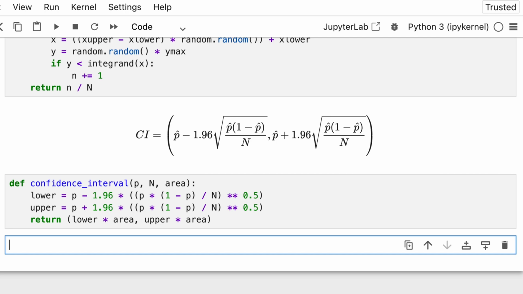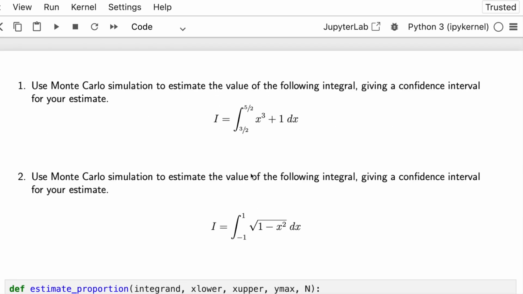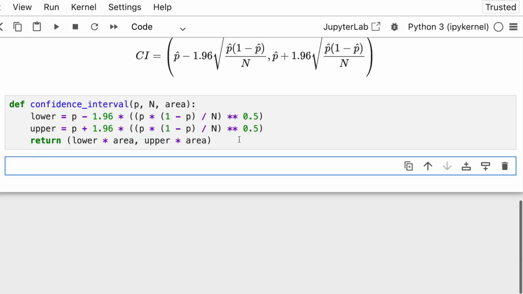Now to answer the first question, we use these functions to find this integral, where the integrand is x cubed plus 1, and our lower and upper limits are 3 over 2 and 5 over 2. So let's first define our integrand.